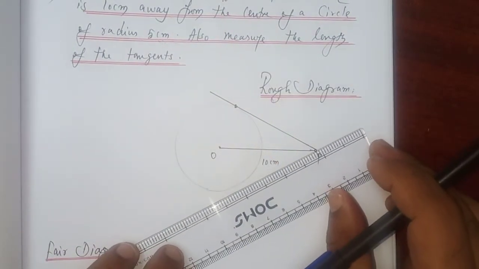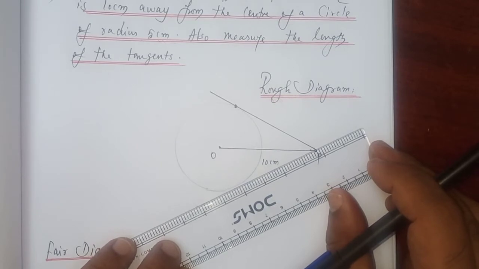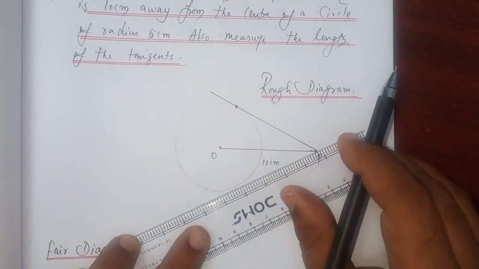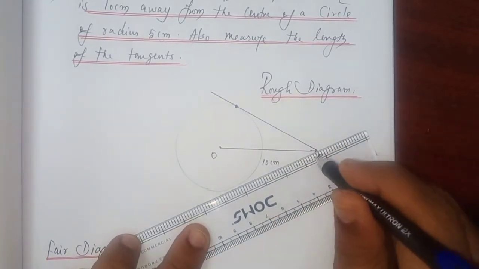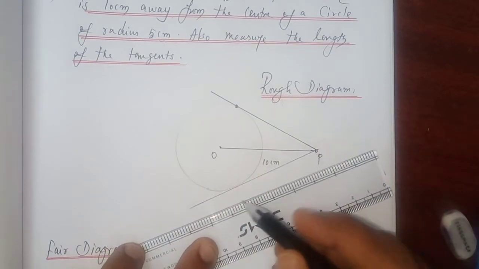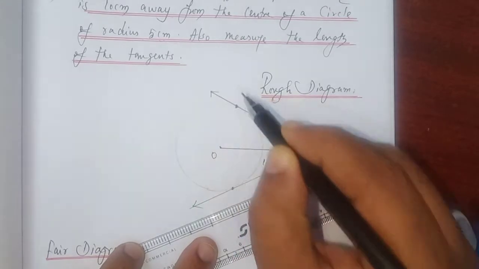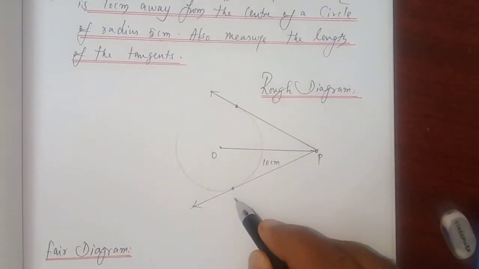Like that. Have to draw another tangent from P. Okay. Put an arrow mark over here. Let it be A, B.